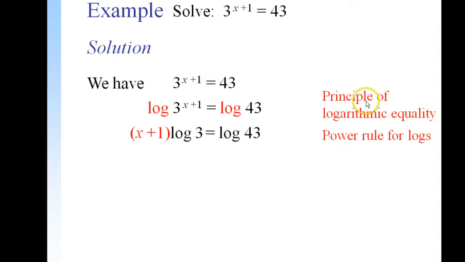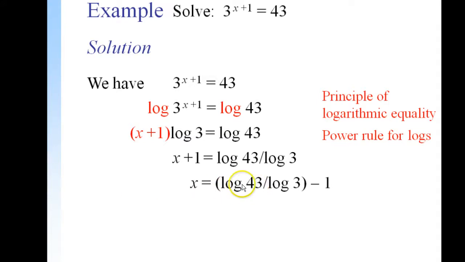That was, you recall, the principle of logarithmic equality, the power rule for logs. Then we divide both sides by the log base 10 of 3, and this goes underneath here. And then we've transposed the positive one to the other side.